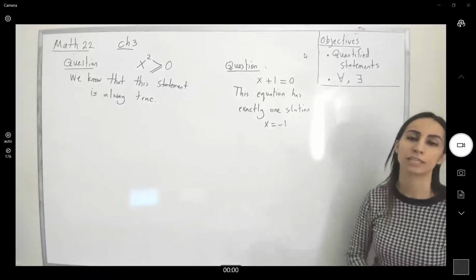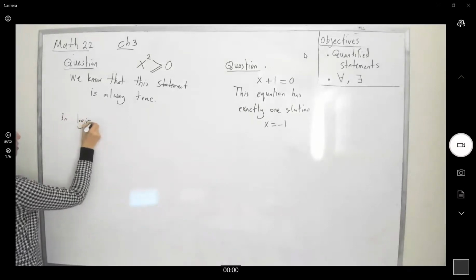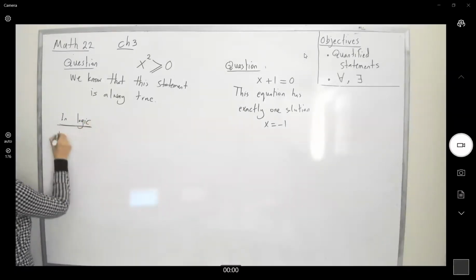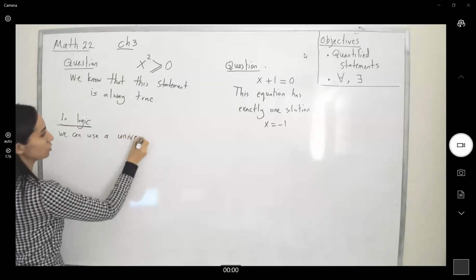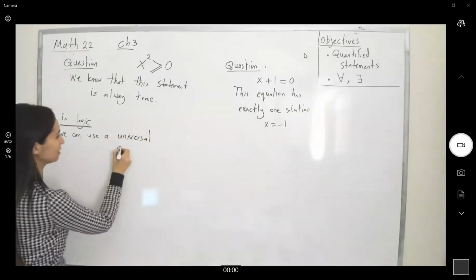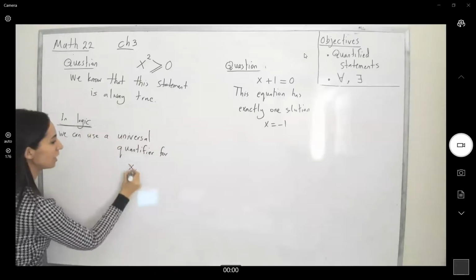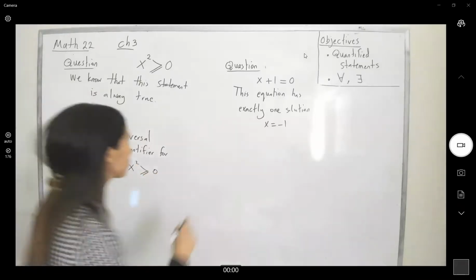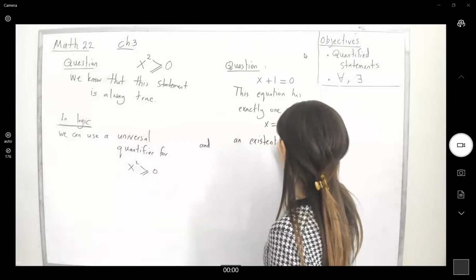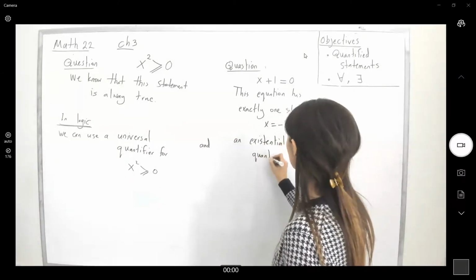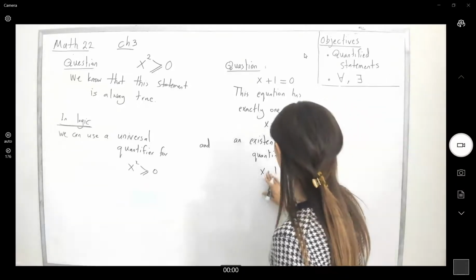In logic, there's a difference between these two statements. In logic, we can use a universal quantifier for the statement x squared is always greater than or equal to 0, and an existential quantifier for x plus 1 equals 0.